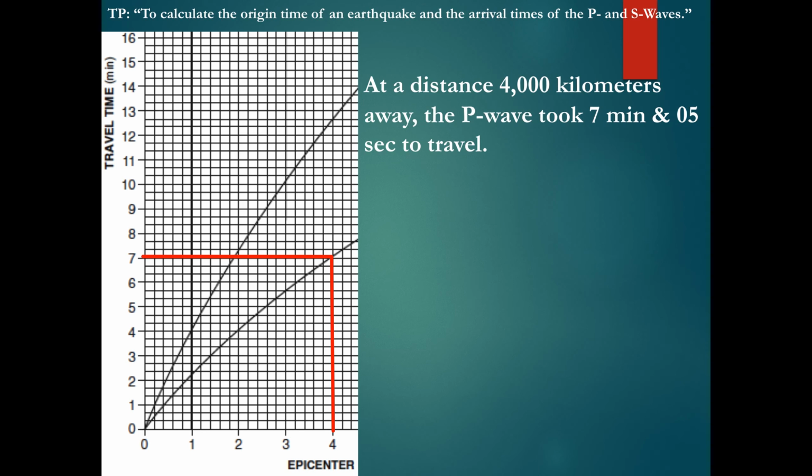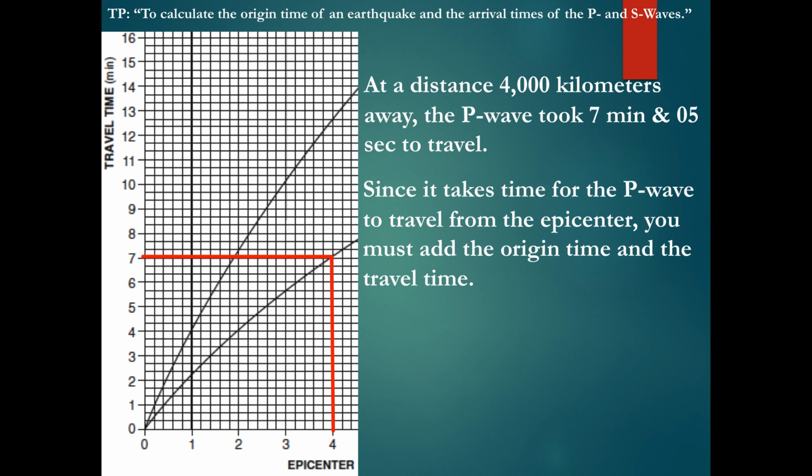I have here 7 minutes and 5 seconds, so it's slightly above. If you had 7 minutes exactly, that's still good. Since it takes time for the P wave to travel from the epicenter, you must add the origin time and the travel time together. So we have 11 o'clock.